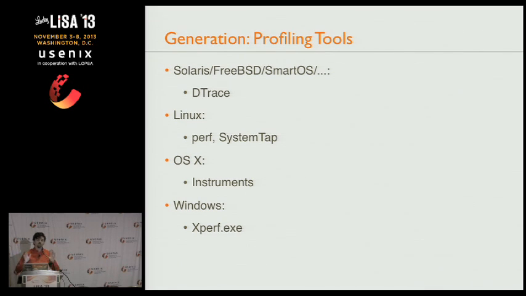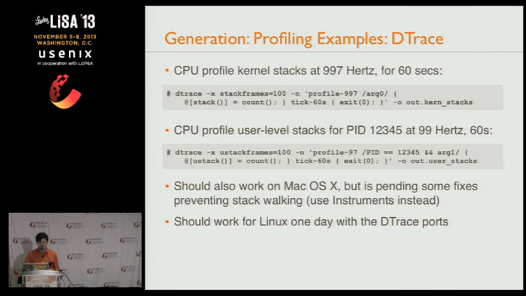There should be a profiler on whatever system you're on. And if it can generate stack traces, which they can, you can convert it into the format and feed it into flame graphs. So flame graphs works on anything. That's just an example of dtrace, and I'm not going to go through the details of how to use dtrace, but it's just a one-liner for profiling the kernel and profiling user level.